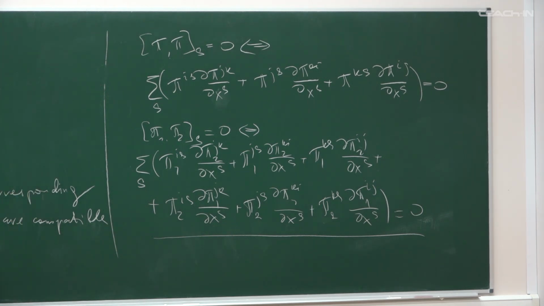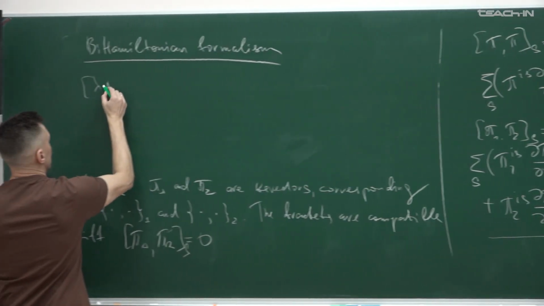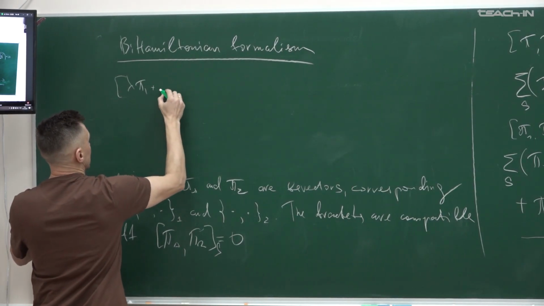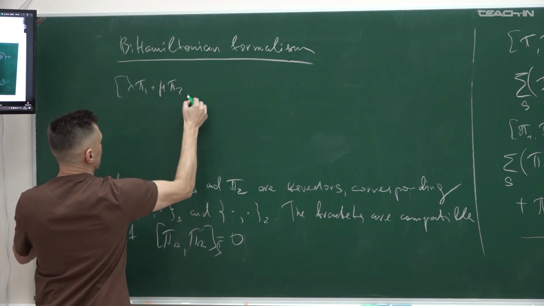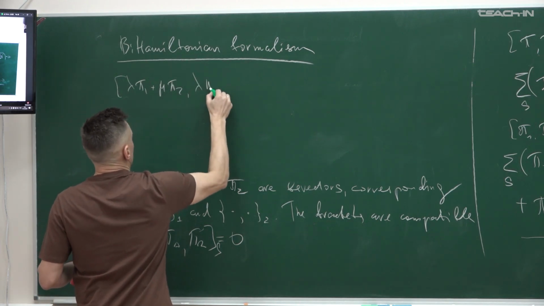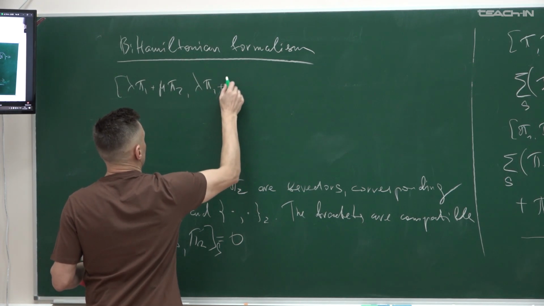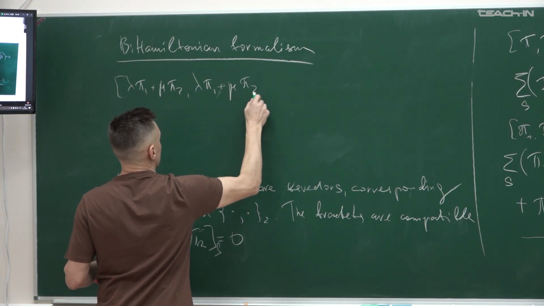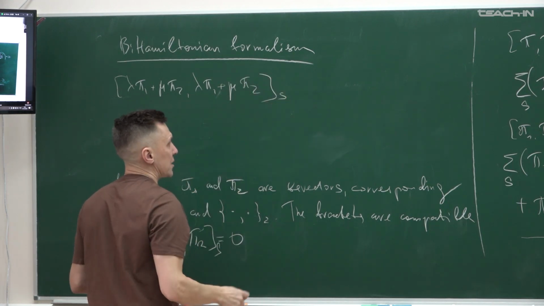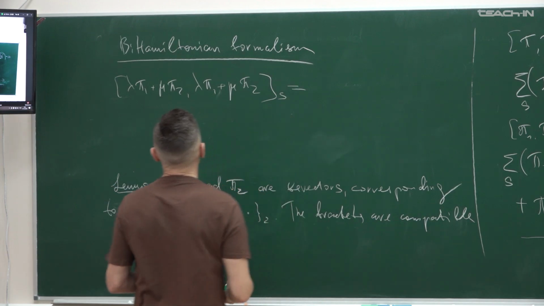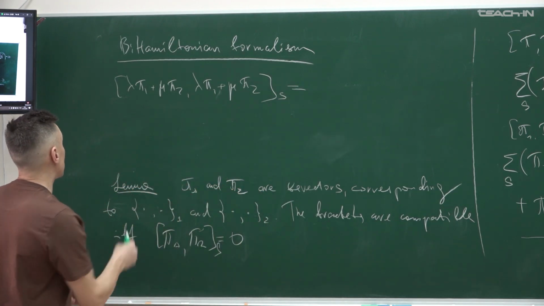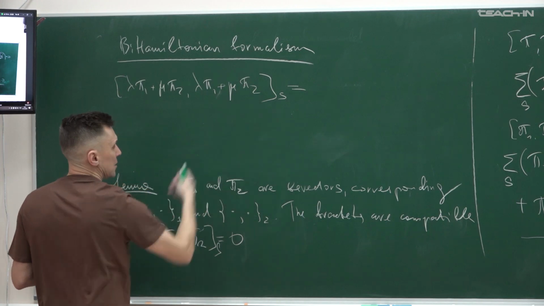I'd like to write lambda p1 plus mu p2 in the sl₂ bracket, and so lambda and mu are constant in this bracket.